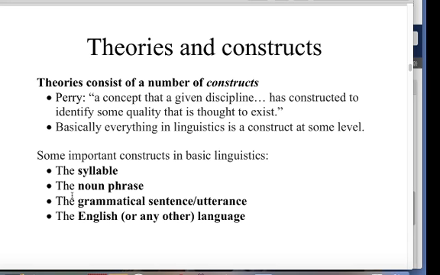And you maybe have never really thought about how we use these terms or what they mean, but they really are constructs. They're not things you can point at in the world and say, look, there is a syllable. Right? The syllable is a construct, right? And more generally in basic linguistics, what we're usually studying is a human's implicit knowledge of their language. Right?